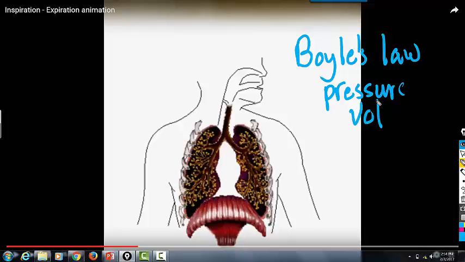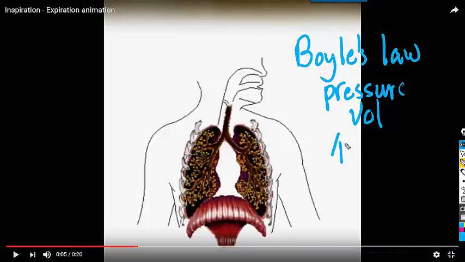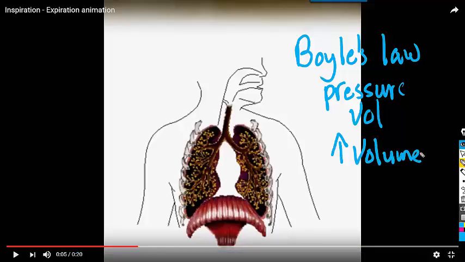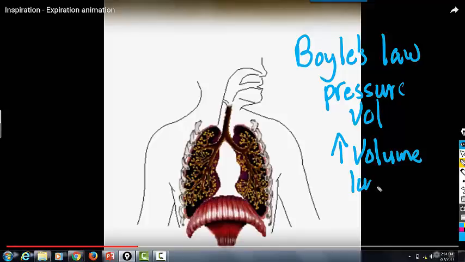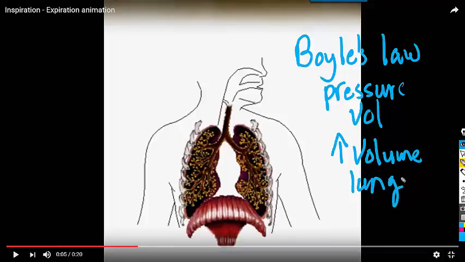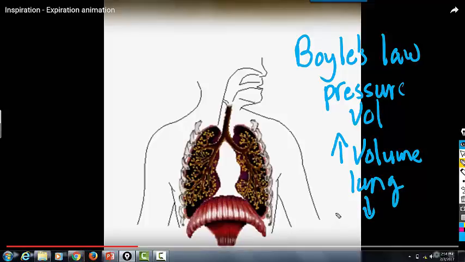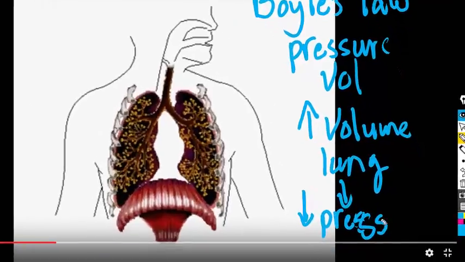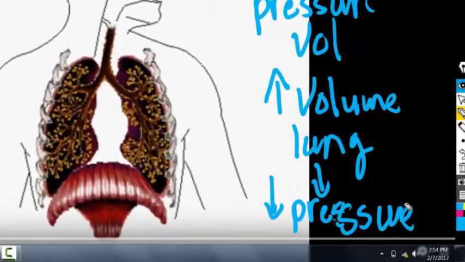Boyle stated that if you increase the volume of your lungs, that will lead to a corresponding decrease in the pressure inside the lungs. So normally you breathe in through 3 holes, 2 nostrils and a mouth.